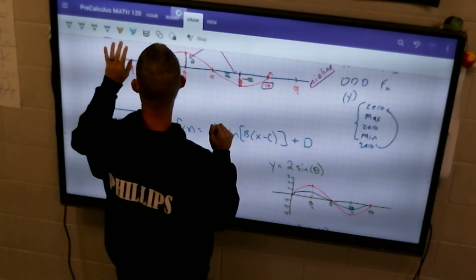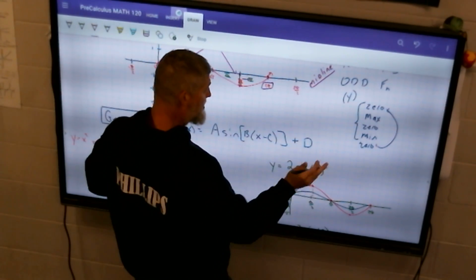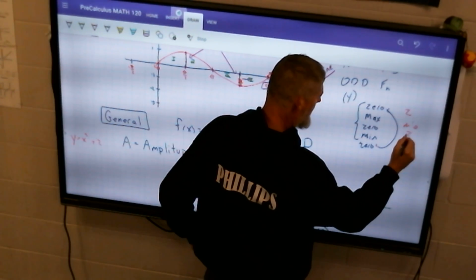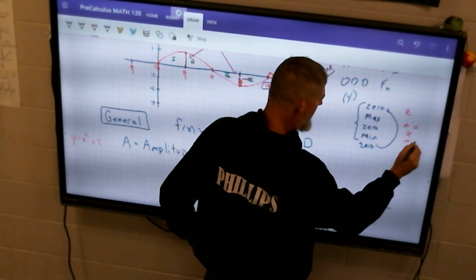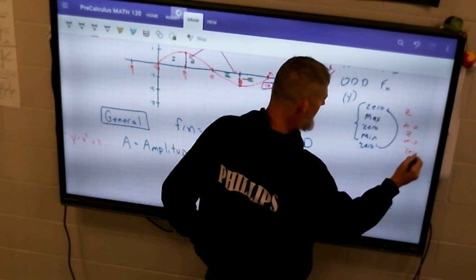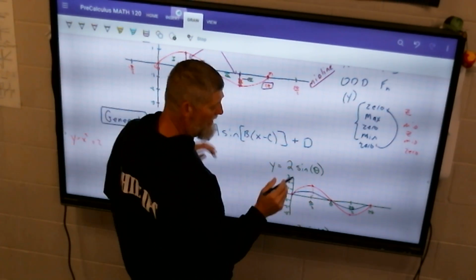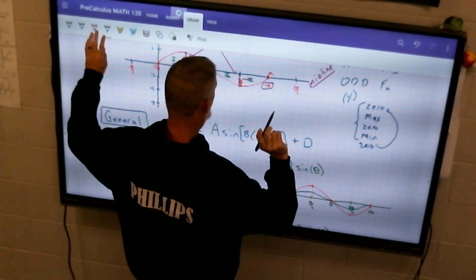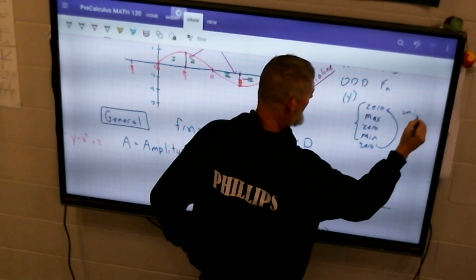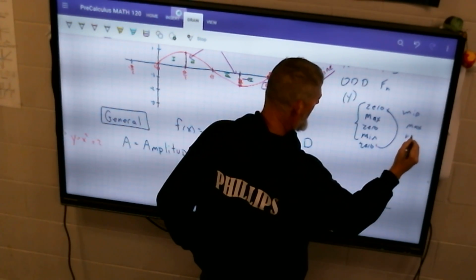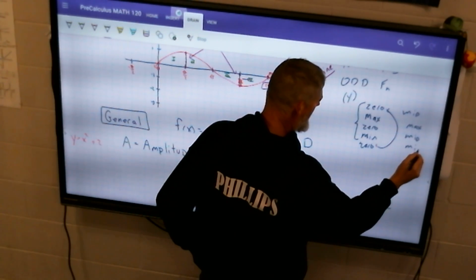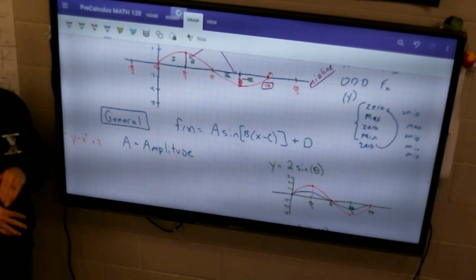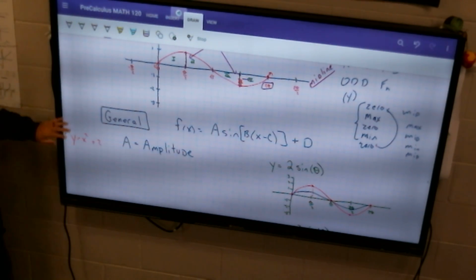What we really should put when we start transitioning is midline, max, midline, min, midline. I screwed that one up. So rather than 0, we'll go back to the midline.